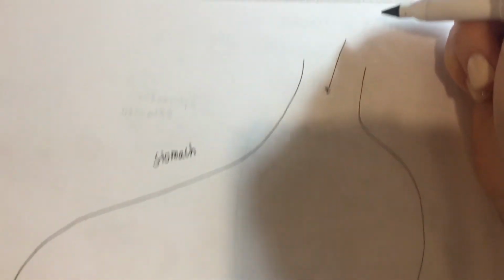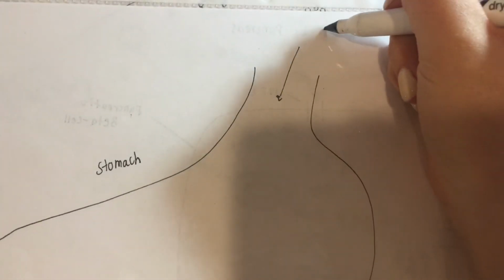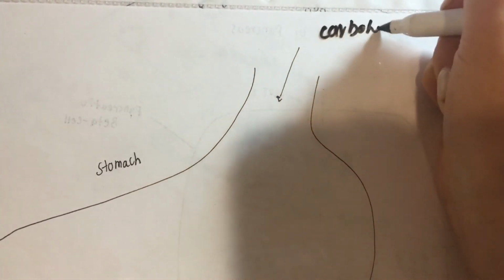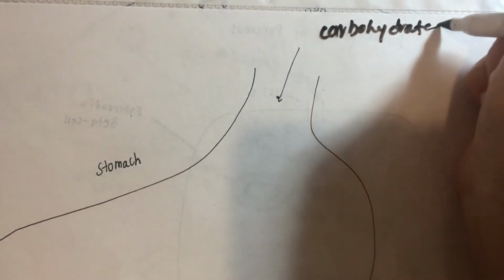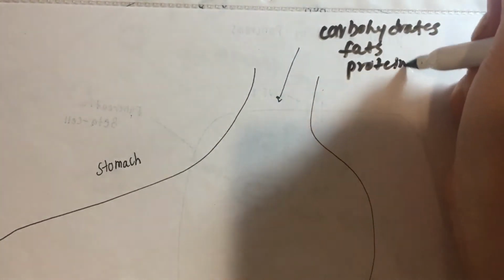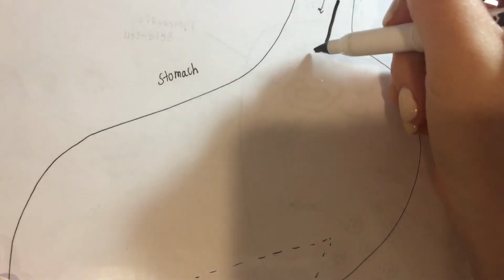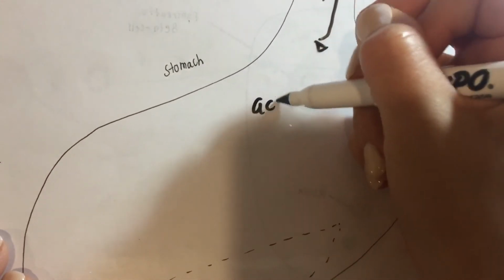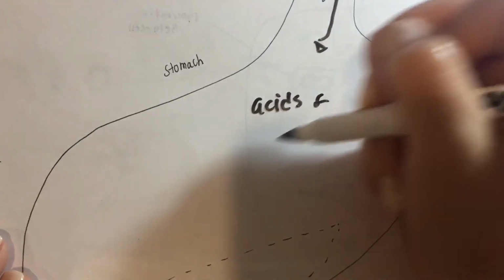So this is a diagram about the stomach and how glucose is made, where it comes from. So this is the stomach. You eat carbohydrates and fats and proteins, and this travels down the stomach and it gets broken down by acids and enzymes.